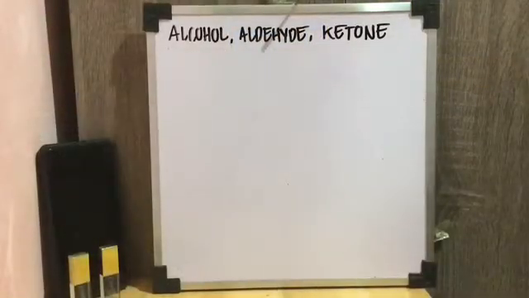Before we start actually defining what alcohol, aldehyde, and ketone are, I will first give you a foreword on how to actually name organic compounds. First, you need to take into account the prefixes that you need to use.